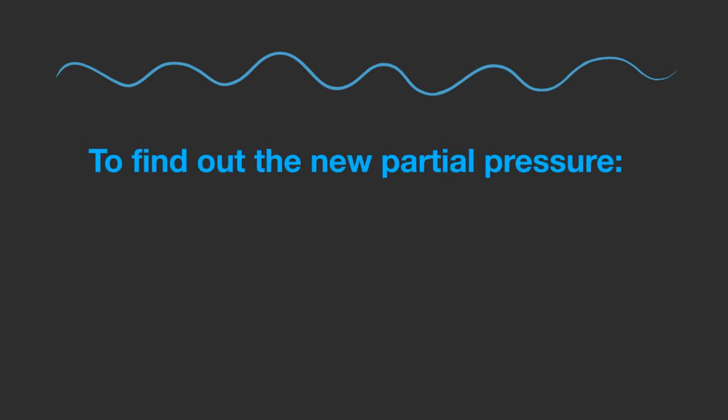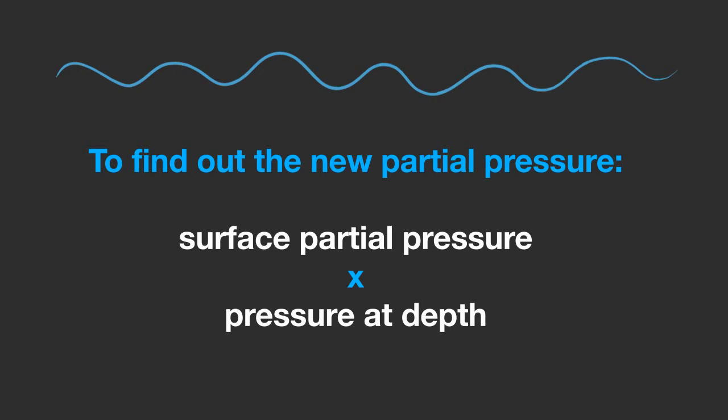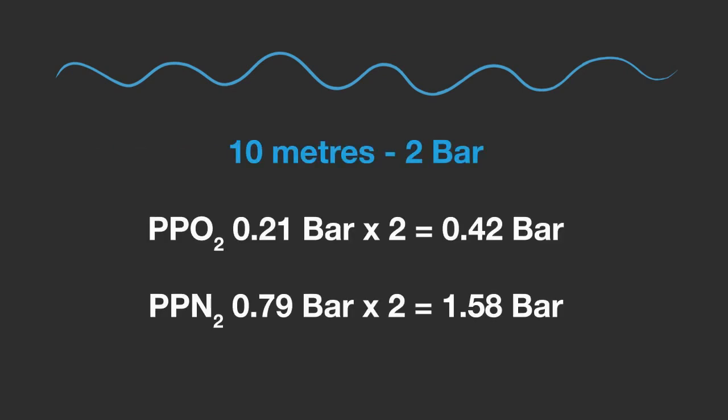To find out what the new partial pressure of each gas will be, multiply the surface partial pressure by the total pressure at the depth you are. So, at 10 meters, at 2 bar, the partial pressure of oxygen is 0.21 multiplied by 2, and this equals 0.42.